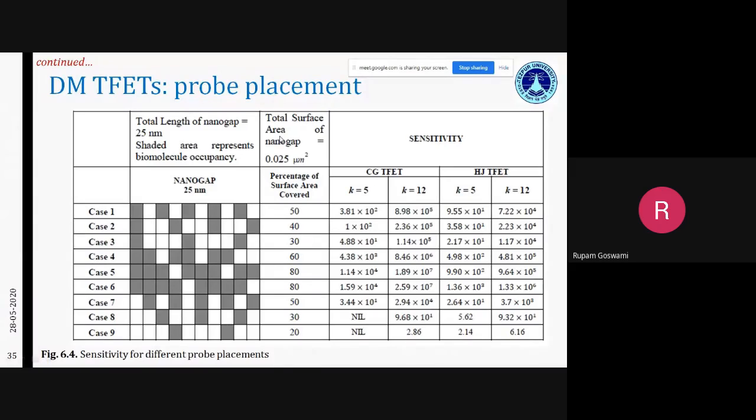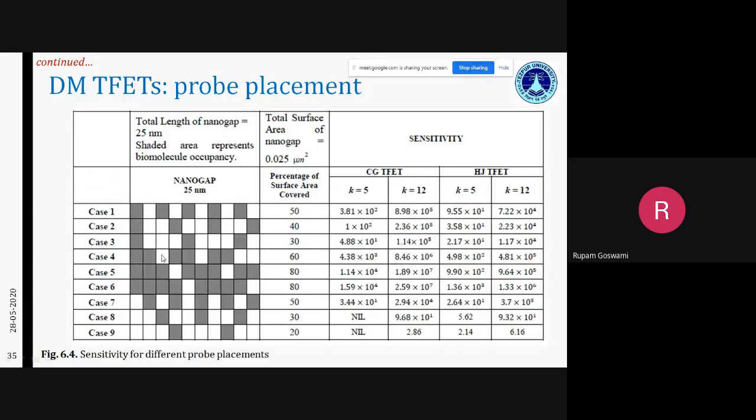The total length of the nanogap is 25 nanometers, and 10 divisions make each of them 2.5 nanometers in length. You will see that we have more biomolecules towards the tunnel junction. On the left hand side is your tunnel junction, and on the right hand side is your channel drain junction. We are interested in the left hand side.